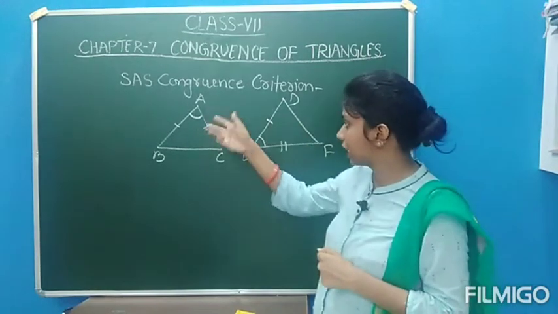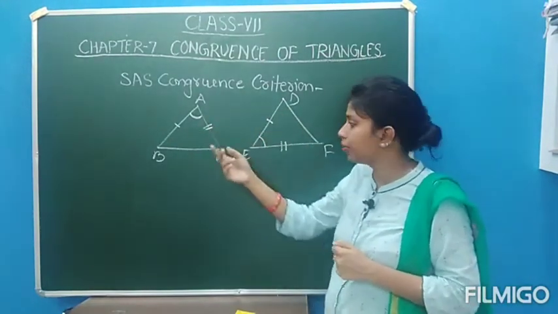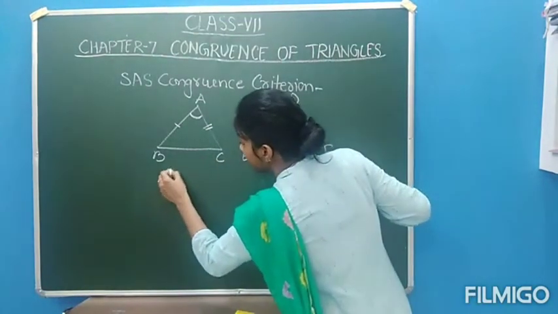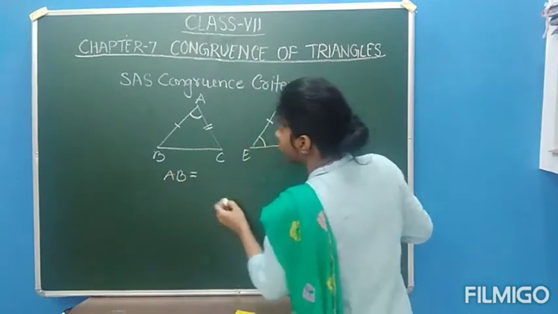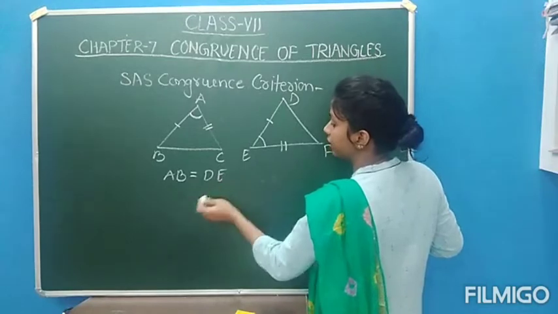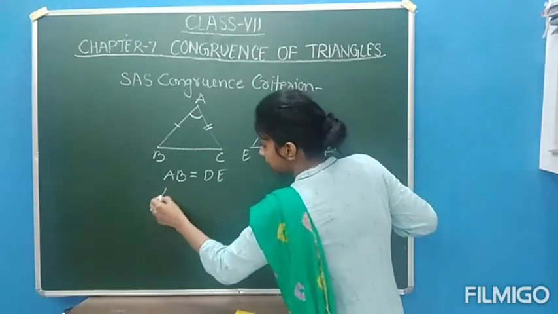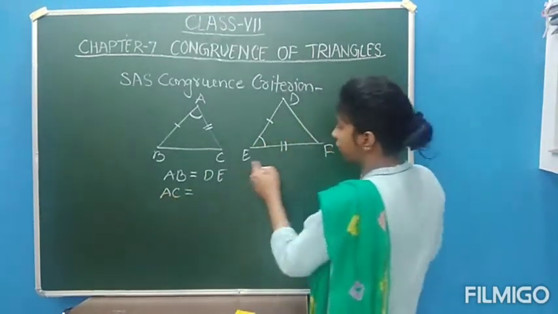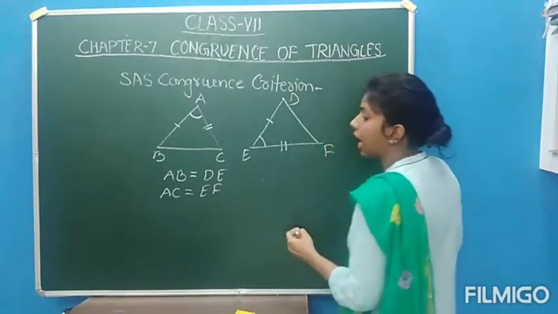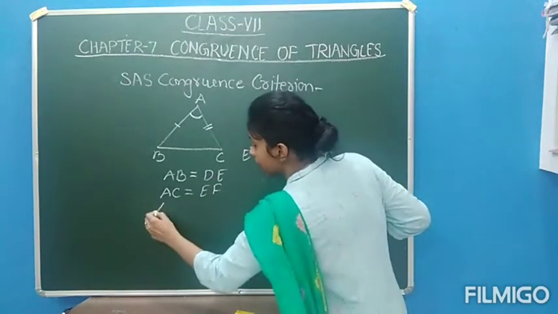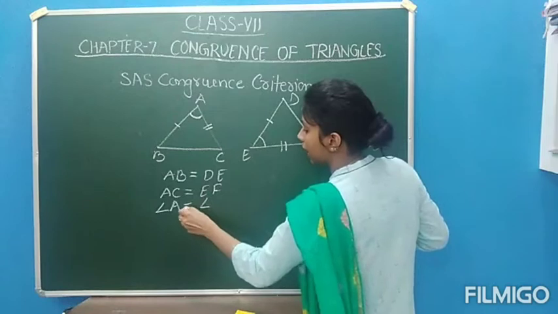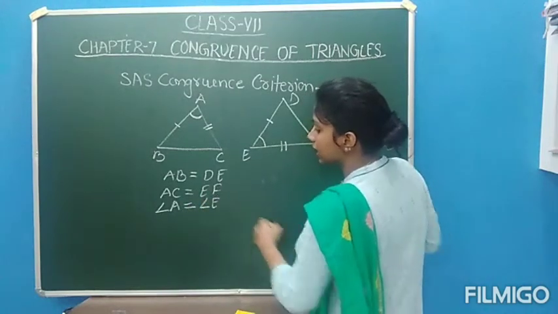So as we can see, in triangles ABC and DEF, what is given is that AB is equal to DE, and the second side AC is equal to EF, and the angle between them, angle A, is equal to angle E. So these things are given.